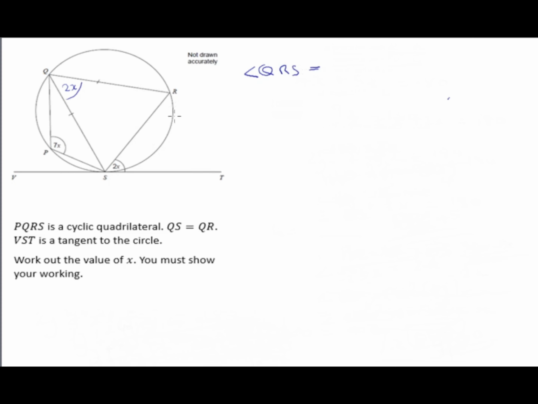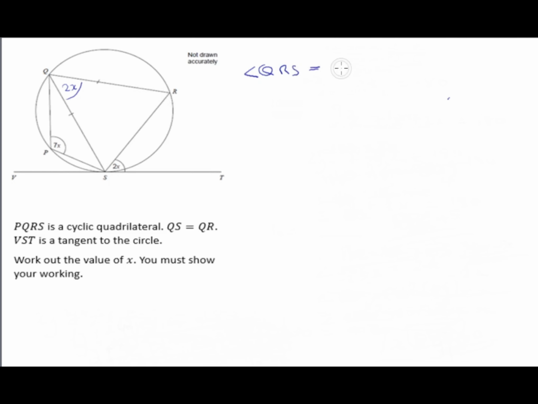Now the total angle in a triangle adds up to give you 180 degrees. Now to find the missing angle, you're going to subtract this known angle here from 180, and then you're going to half it to find this bit right here. Now remember, these two are the same thing, so that's why we go ahead and half it.